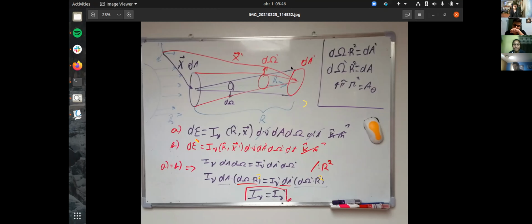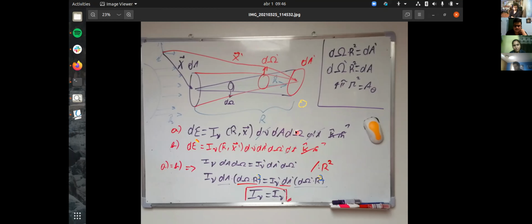D omega prime is circled in red, and it is the solid angle that's subtended by dA when you look at it from dA prime. Can you all see that? Yes. So that would be the amount of energy that crosses dA prime, and that's coming from dA.